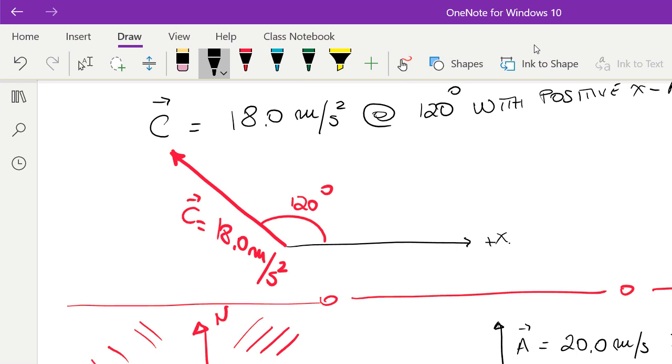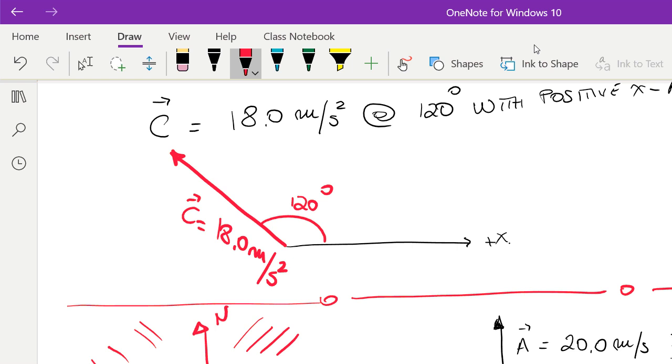The line segment that represents the vector graphically will represent 20 meters per second, and the direction is north. And when we have a vector B that is 18 meters per second due east, then vector B will be represented like this.